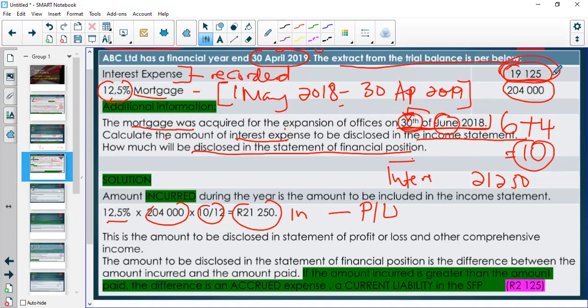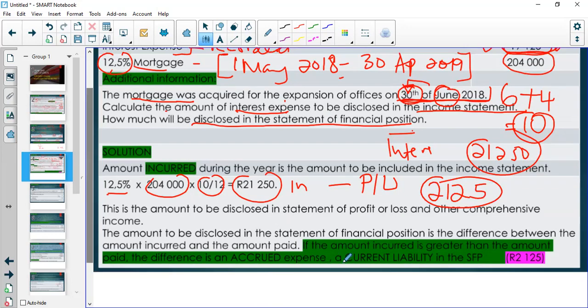But this amount that was recorded is actually the amount that was paid, which means that if we owe people 21,250, and we actually paid 19,125, it means that we haven't paid 2,125. This is an accrued expense. So this is the amount that will be disclosed as a current liability in the statement of financial position, 2,125.